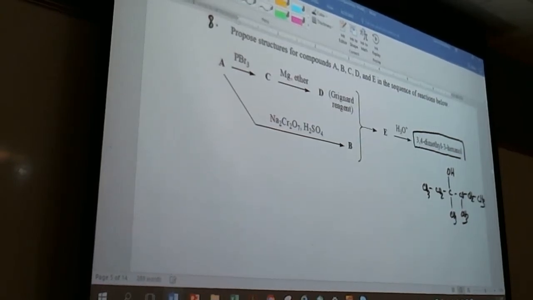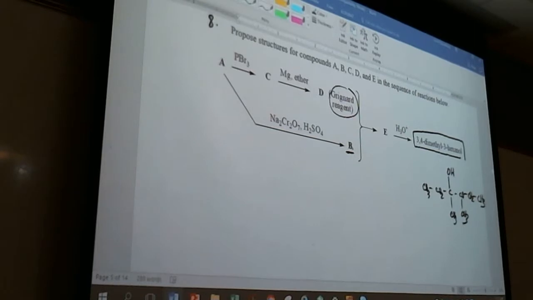All right, now, this product is coming from a Grignard reacting with something. And Grignards, to give you alcohols, typically react with aldehydes or ketones, something like that.